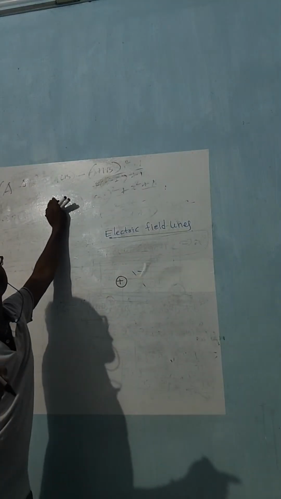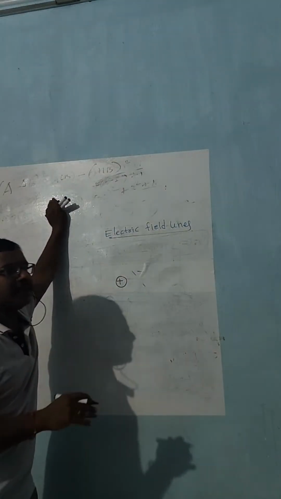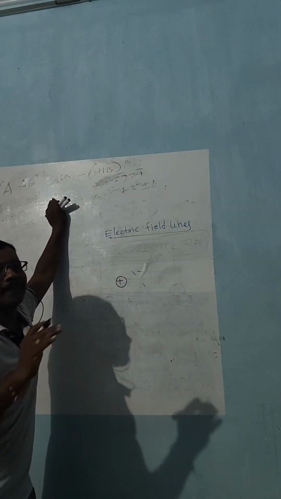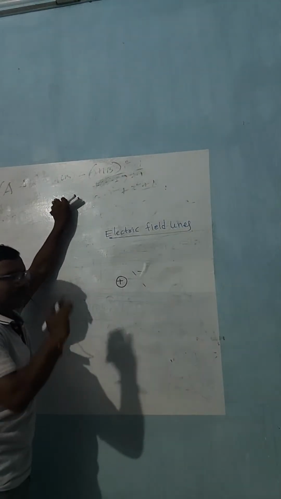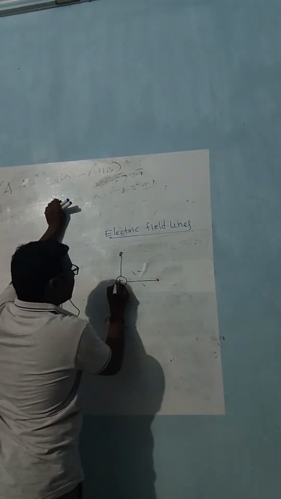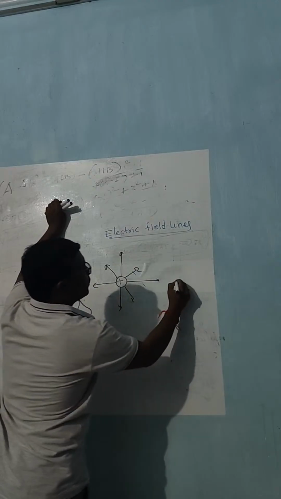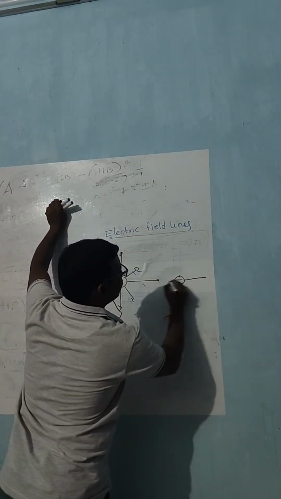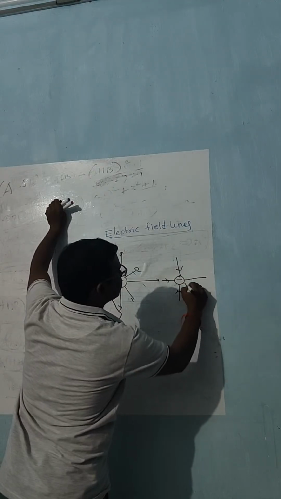Electric field lines are imaginary lines which represent the electric force lines. For a positive charge, the electric field lines are diverging like this. For a negative charge, the electric field lines are converging like this.